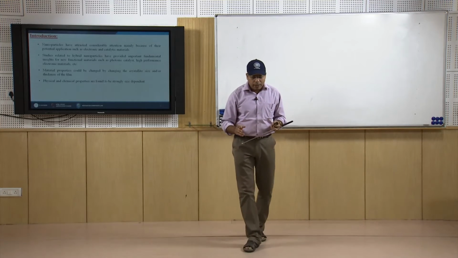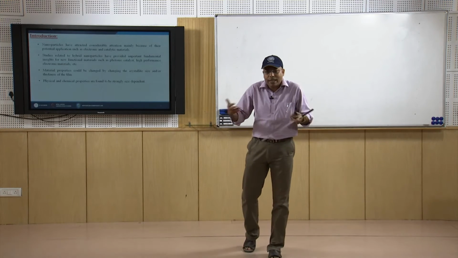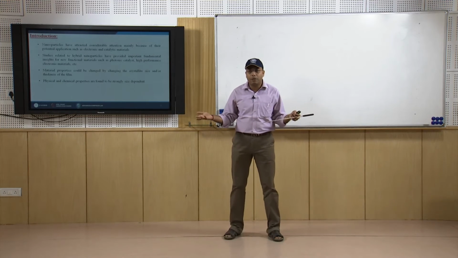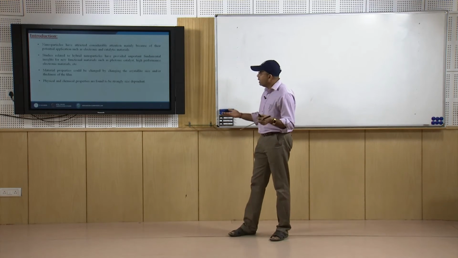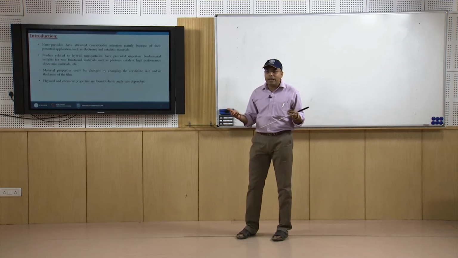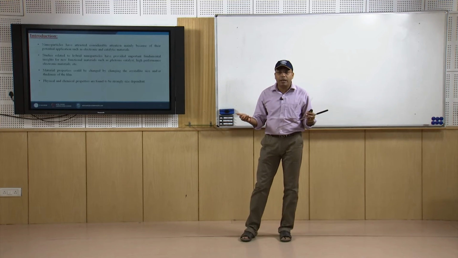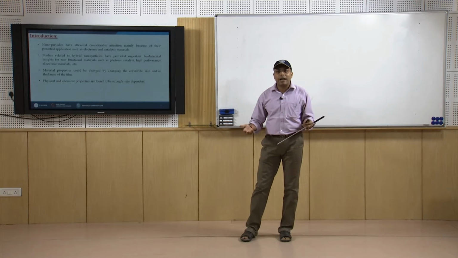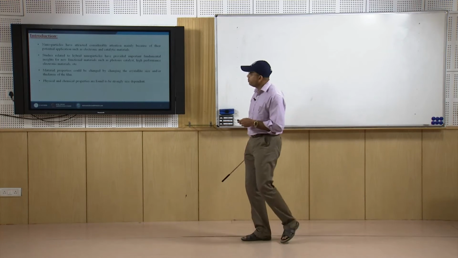So, when we talk about the physical or chemical properties of these nanocomposites, we see the size dependency of the nanofiller: when we reduce that size, these properties are enhanced and give very good results.